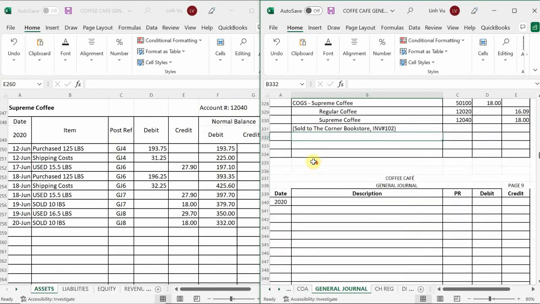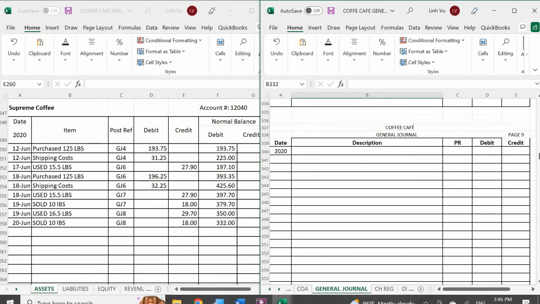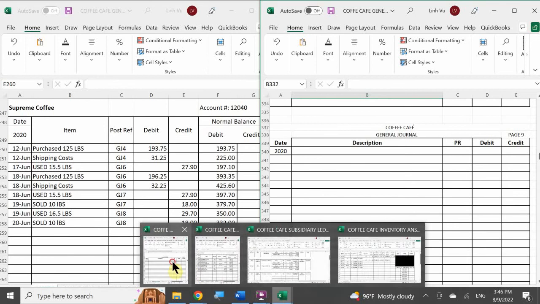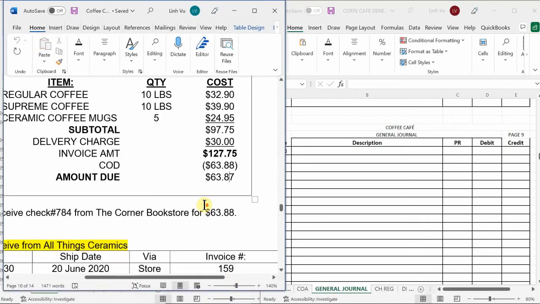So, when we come across the journal where we have a big, huge gap, I do unfortunately need to show you what you have to do on Excel to block that part out so that no one can put something in there. All right, it's a standard rule of procedures that you should do to prevent anybody from looking at your books and adding in a transaction secretly. Okay? So again, since we finished our journal, we updated our inventory and we did everything for this transaction. We can go ahead and see what is next.